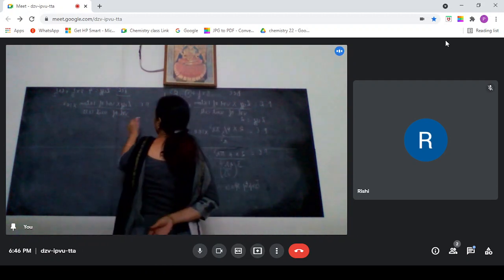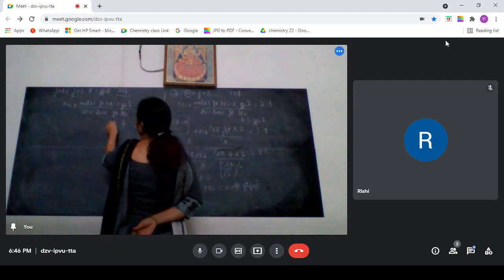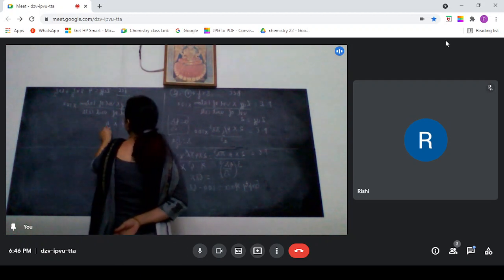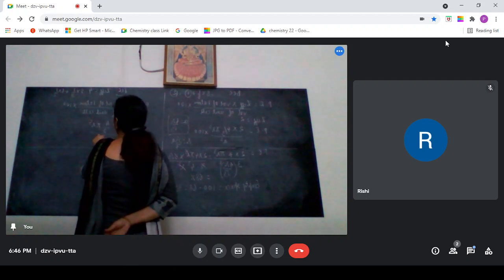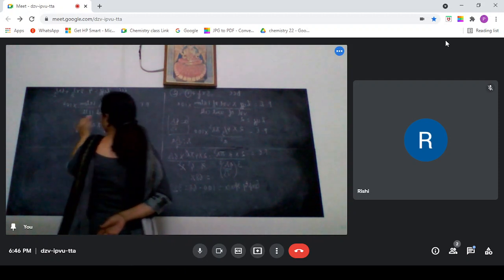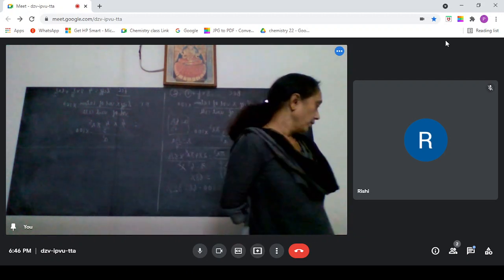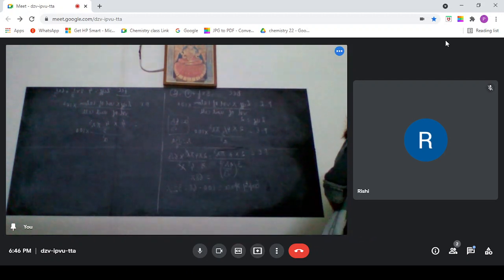So this is equal to 4 into 4 by 3 pi r cube by a cube into 100.